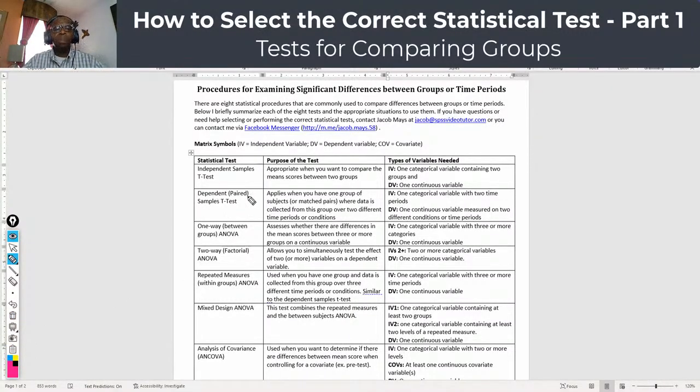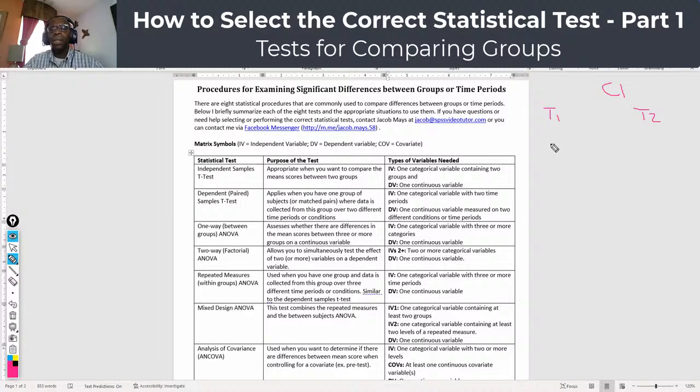Next, we've got the dependent or paired samples t-test. It applies when you have one group of subjects or matched pairs where data is collected from this group over two different time periods or conditions. So you've got one categorical variable with two time periods, and one continuous variable measured on two different conditions or time periods. Let's say we've got classroom 1, and we've got time 1 and time 2.